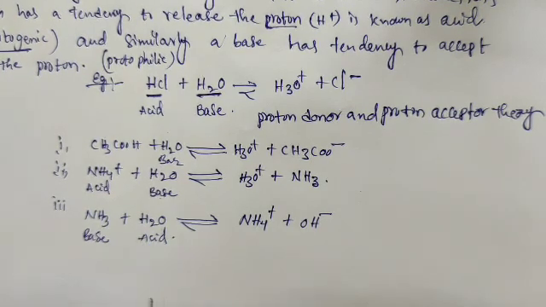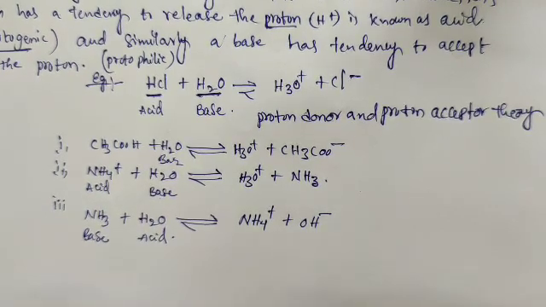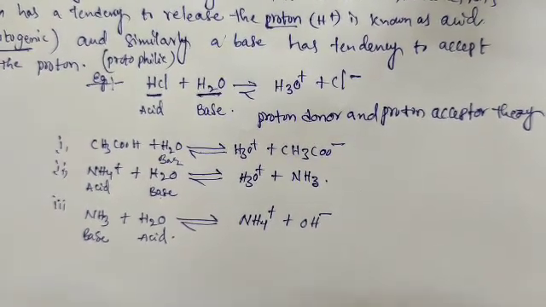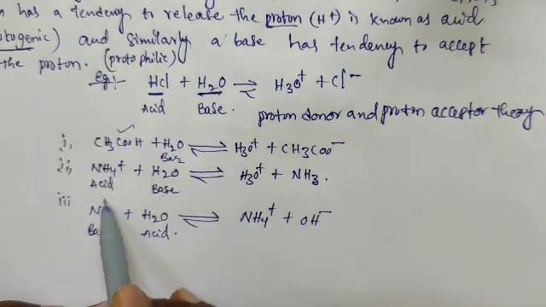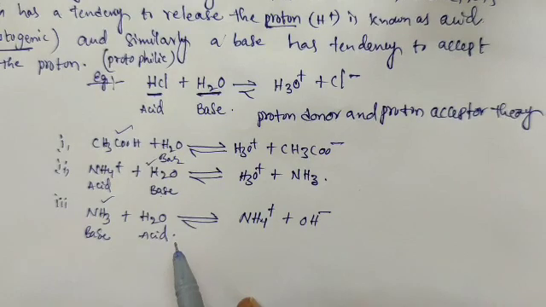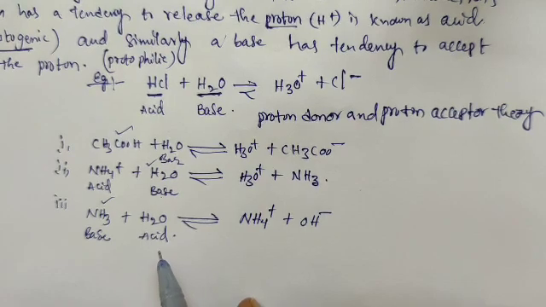This water can donate as well as accept H plus ions and can act as both acid and base. So species like H2O, NH3 and acetic acid, which can act as both acid and base, are called amphoteric.